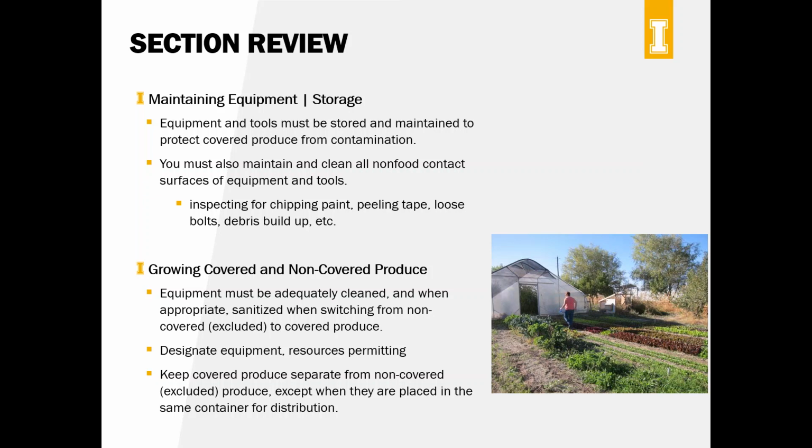The produce safety rule basically says that equipment needs to be adequately cleaned and sanitized when switching between these two different types of commodities. And it's ideal to designate equipment, but if that's not something your resources will allow for, because it can be expensive, just make sure that you're aware of that, keeping produce separate, except for when it's being transported, meaning that if it's all in the same car or the same tote, as long as they're in separate packaging, essentially.